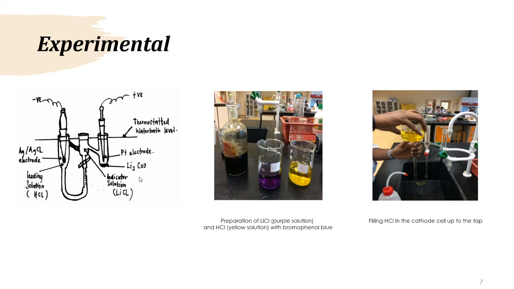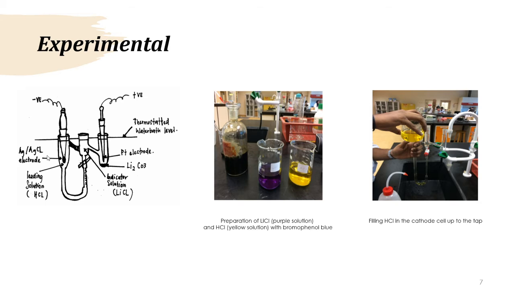In acidic solution, the bromophenol blue will turn yellow, and lithium chloride, which has a pH of 8, I think, turns it into a purple solution. So the color is really striking, and you can see the boundary between the two solutions.